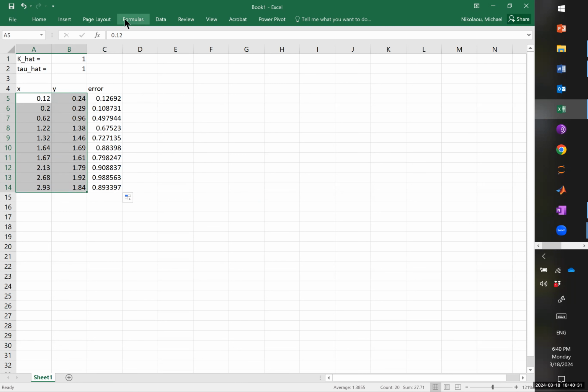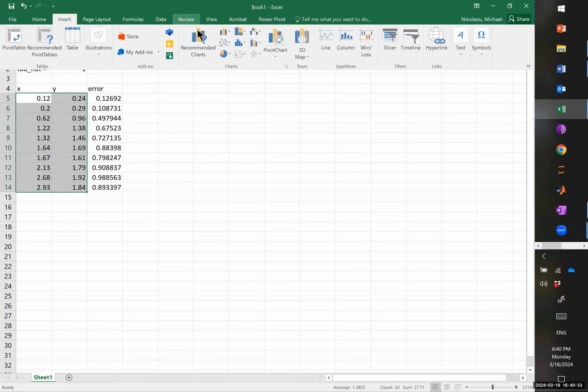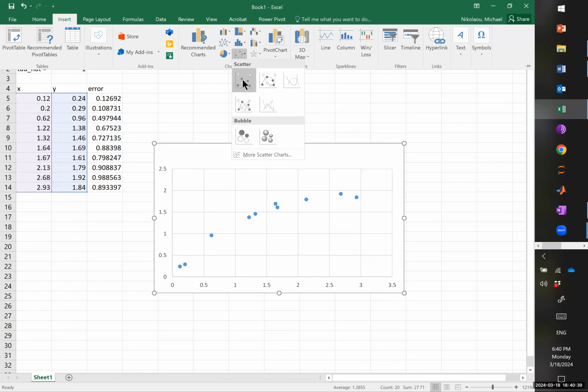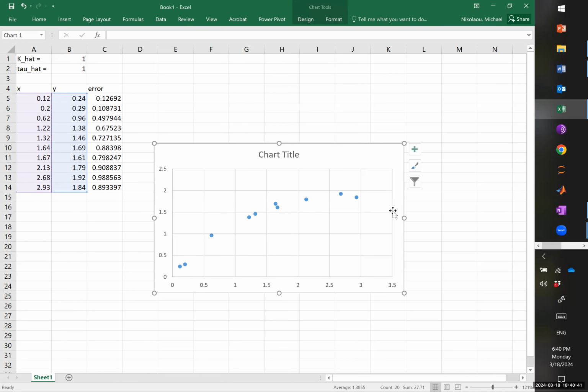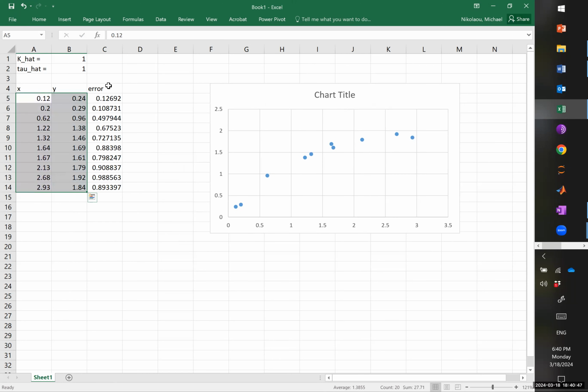And let's plot this stuff, by the way. Let me make it a little more convenient so we can see how the model fits the data.